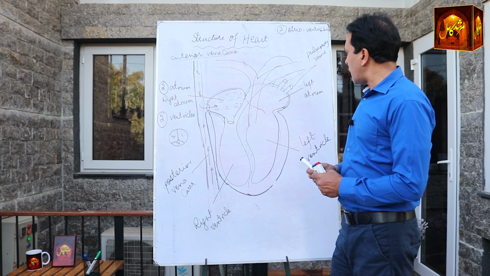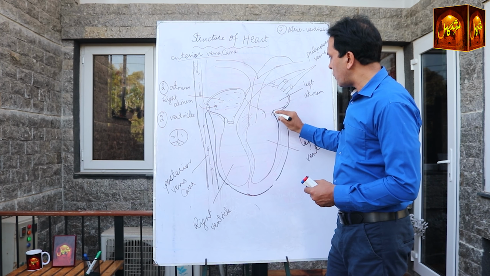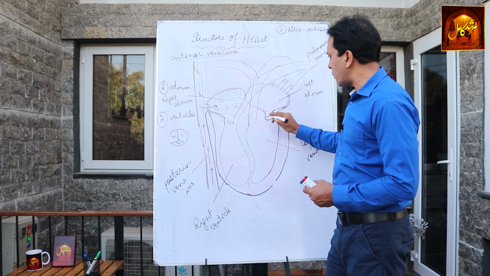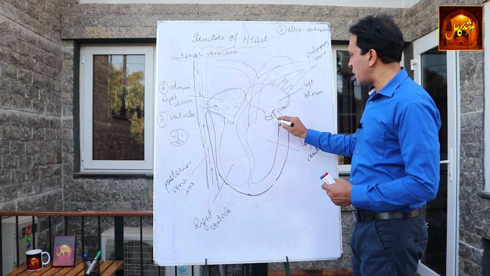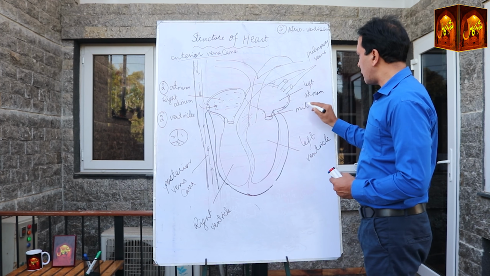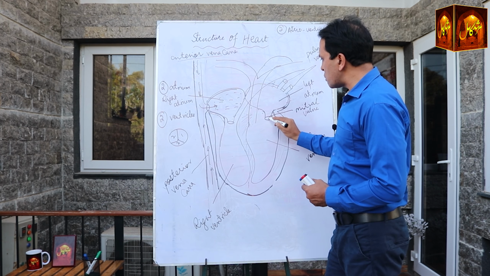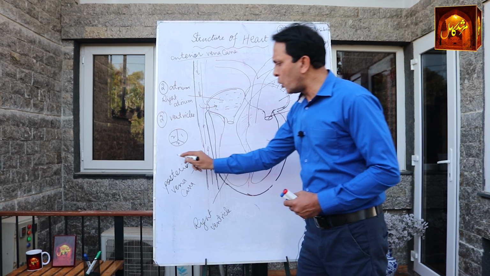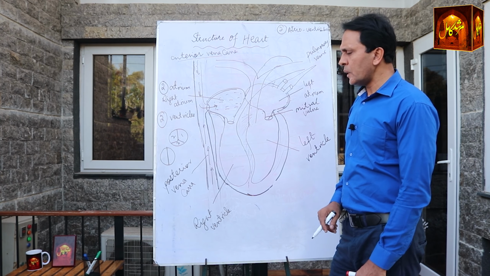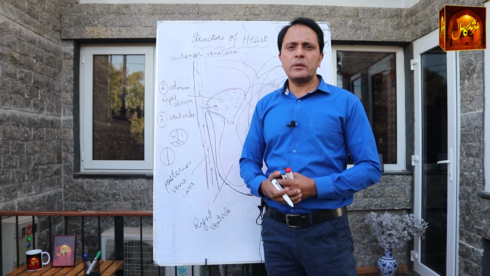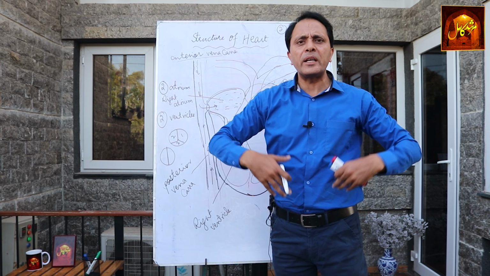Then when we come to the left side, it is called mitral valve, where 2 flips are there. Over here we are having 2 flips, just like 2 panels of a door. When you open the door, you can easily push 2 panels and enter.